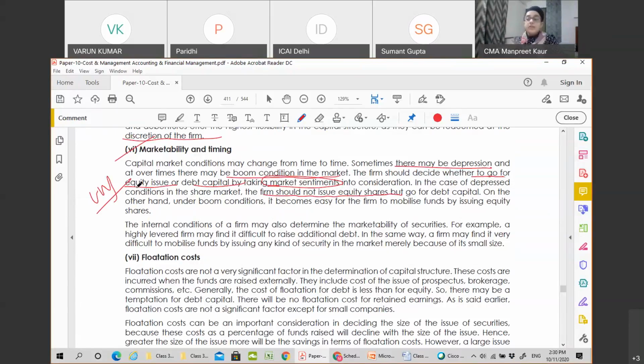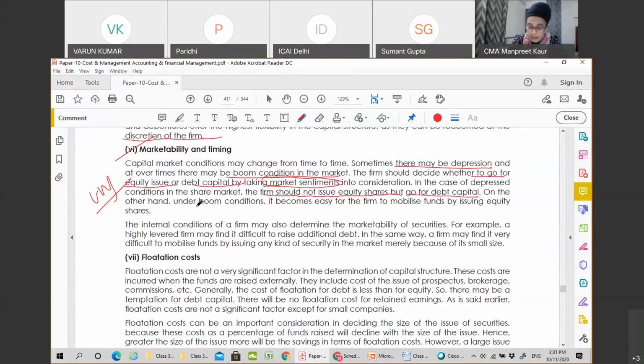If I ask you the question that in case of a depression session, for example the clothing industry, shall we issue shares from the equity capital or share capital? It means we cannot issue equity shares, but we will go for the debt capital.